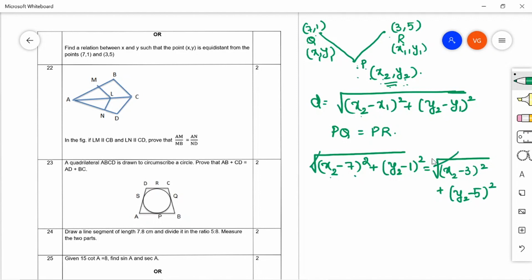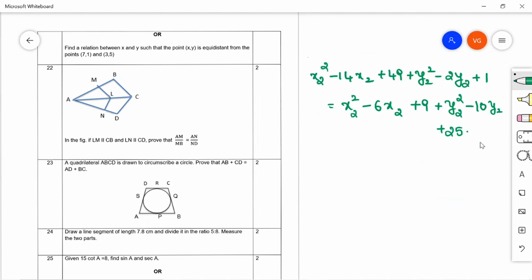This is of the form now a minus b whole square. So let us expand. Now try to simplify this one. So this x2 square will get cancelled, y2 square will get cancelled. Try to bring everything to one side. So minus 14x2 plus 49 plus 1. So that will be plus 50 minus 2y2. This minus 6x2 will be plus 6x2 plus 9, that is minus 9 here.